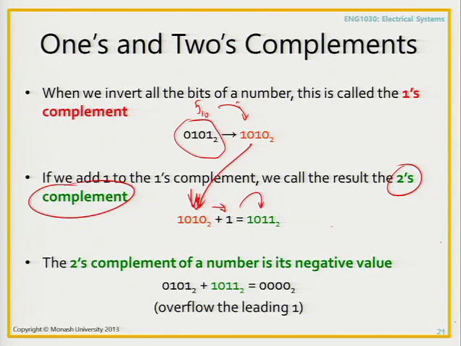Okay, and you can verify that this satisfies basic maths by adding our positive number, so this is 5, to our negative representation of 5. So 5 plus negative 5, if we add those together and we overflow the leading 1, we end up with 0. You can verify that this works with any number. You invert all the bits, add 1 to it, and those two numbers, when you put them together, will add up to 0.